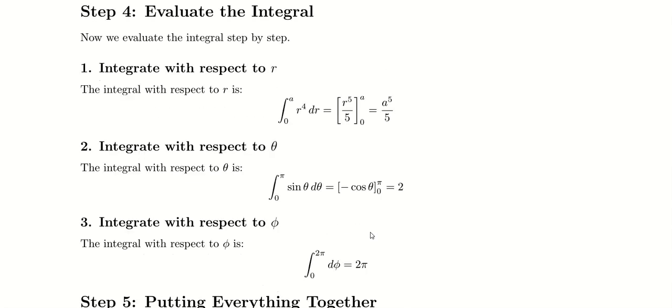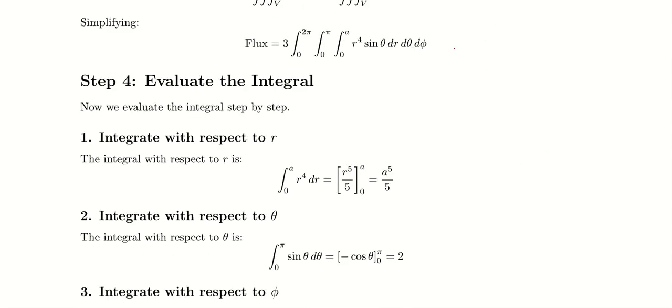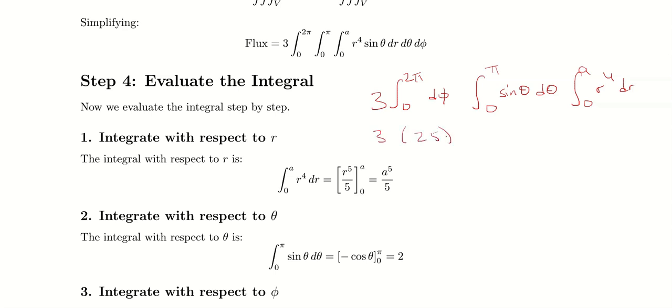So then you just combine everything. You want to make sure you multiply. So we found each one of these integrals, and then we're just going to multiply everything.